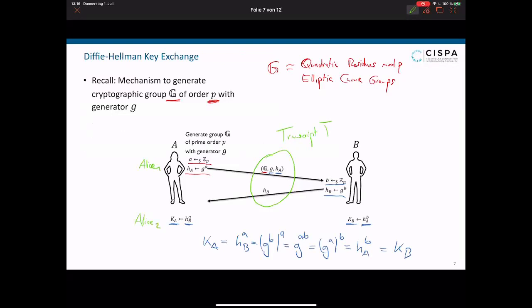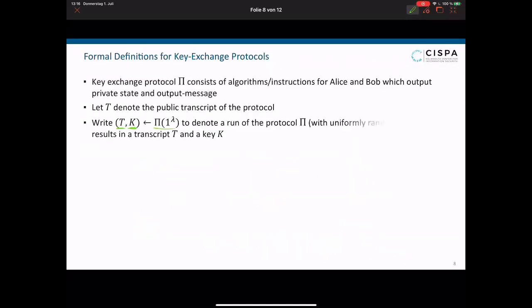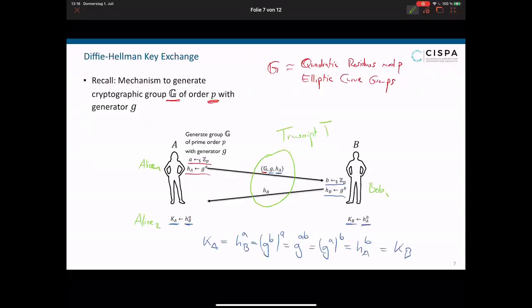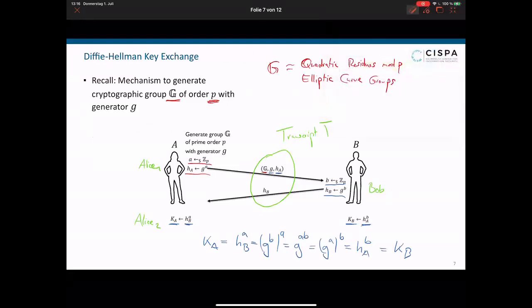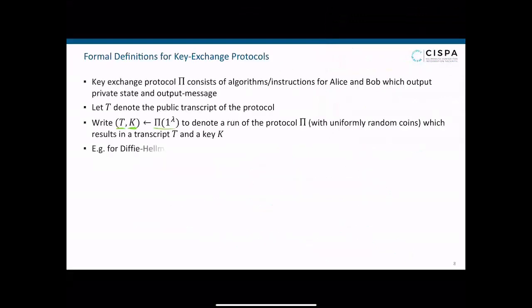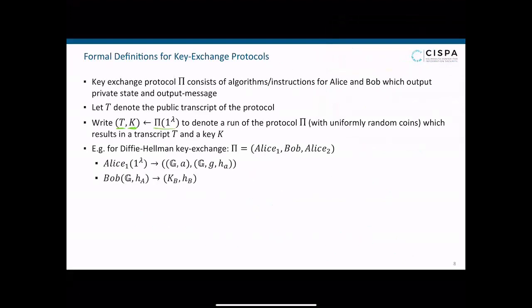LS2 is what's happening here. And this is just Bob.